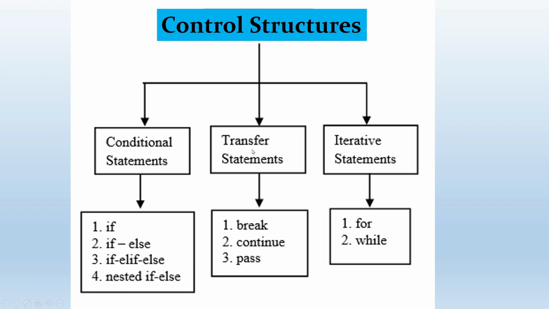Then thereafter we will be learning transfer statements, meaning transferring the control either out of the conditional statement or completely ending the loop and going to the next part of the program. So here we have break, continue and pass.